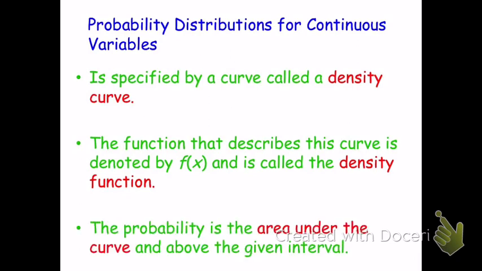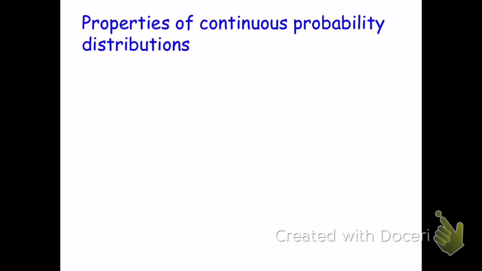All we really need to know from this chapter is that when we're calculating probability, we're finding the area under the curve. Most of the time we'll use our calculator, but a few times we'll have to do it by hand, looking at shapes like a rectangle or a triangle, different geometric shapes, to find the area under the curve.